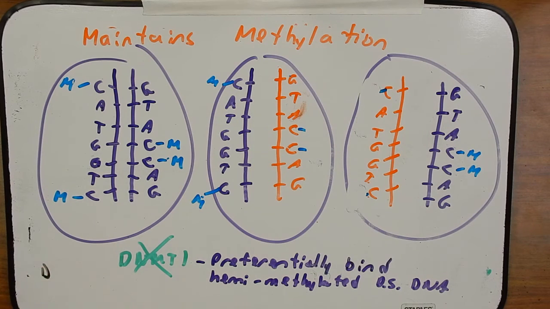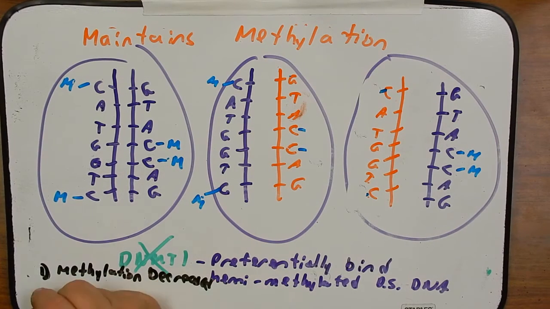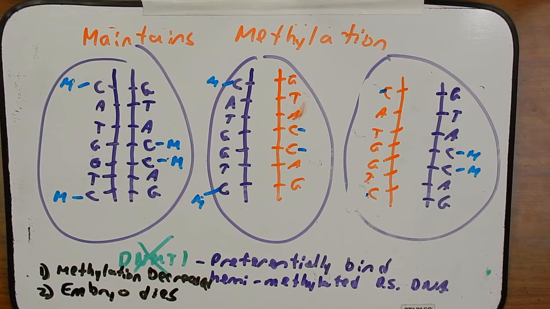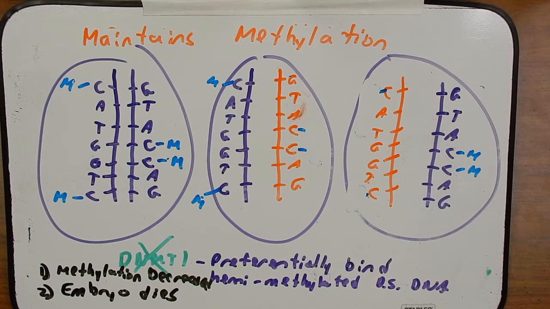The first, which shouldn't be too surprising, is that methylation is decreased. The second thing we observe, which gets to the point of why this is really important, is the embryo dies. It's able to set up the original de novo methylation pattern because DNMT3A and B and L are there, but if you can't maintain it with DNMT1, the embryo dies.